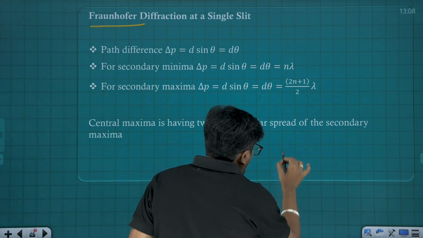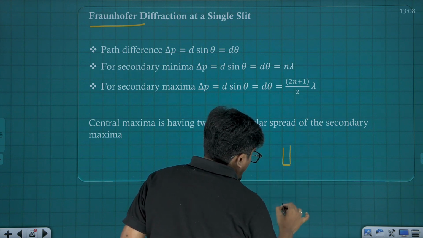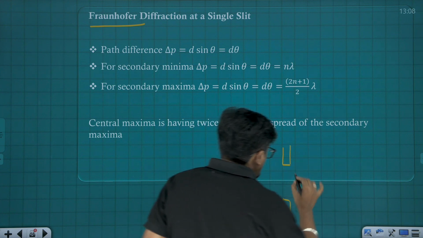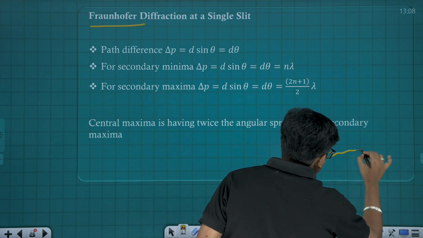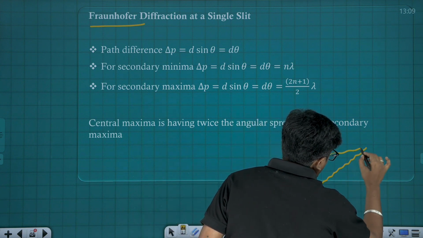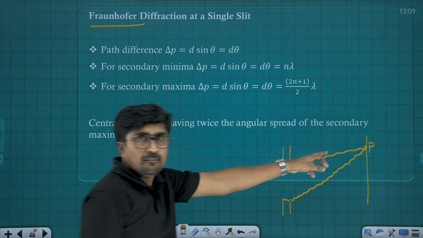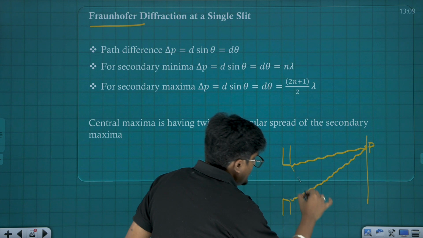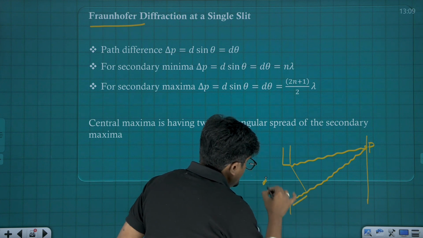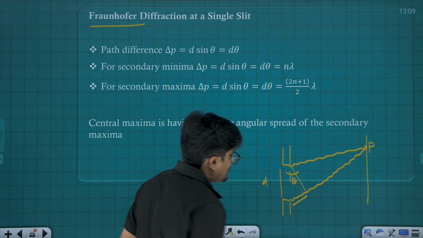So in case of Fraunhofer diffraction, just wanted to give a rough idea with the figure as well. So let this be a wave coming from the upper edge, and then let this be a wave coming from the lower edge, and here this is getting interfering at point P, and you all know that this is the path difference, where this is the distance and this angle is theta.